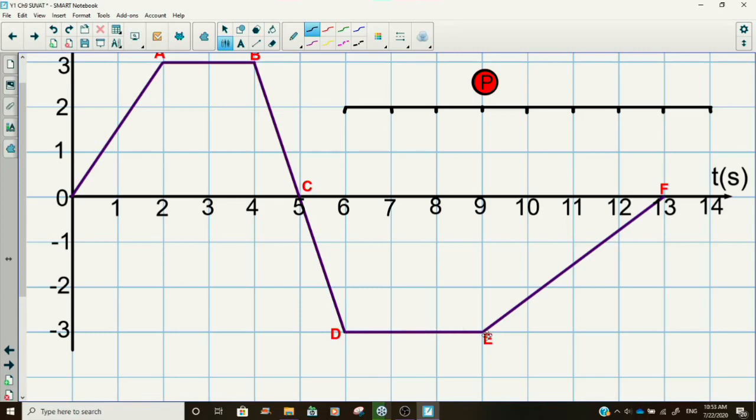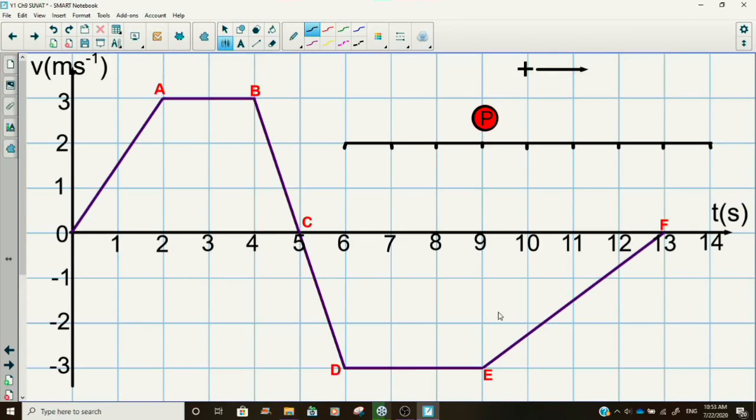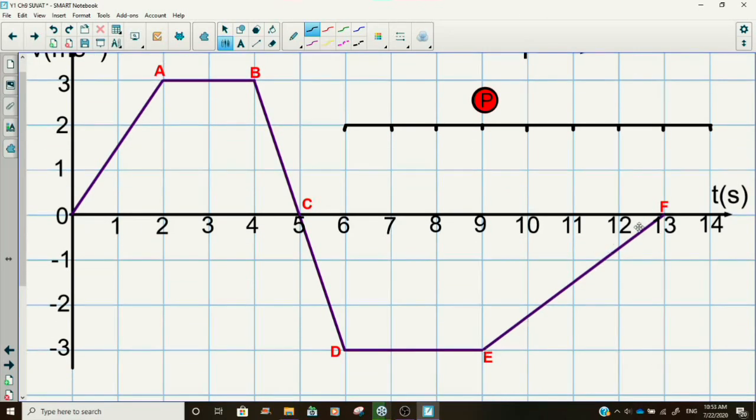So they get to point E, and then from E to F, they are still traveling to the left. I think we've chosen right to be positive. Yep, so they're still traveling to the left, and when they get to F, their velocity is 0 again. So they travel from 0 to C in one direction. At C, they're stationary.